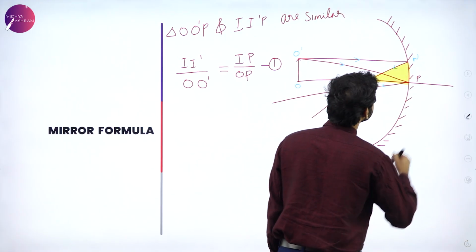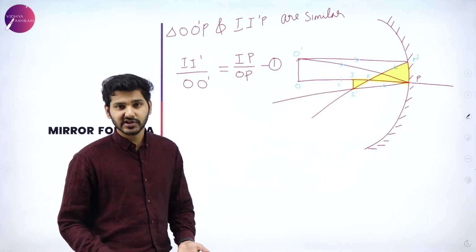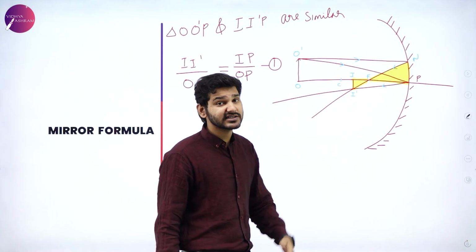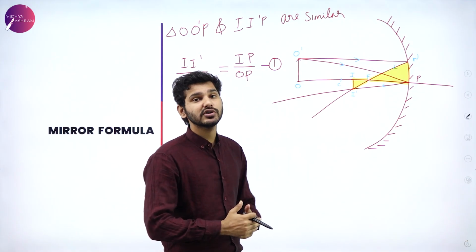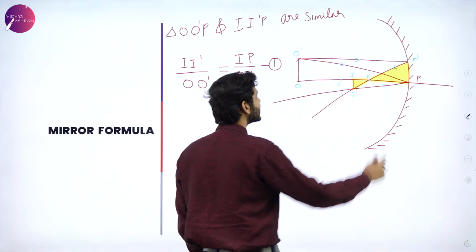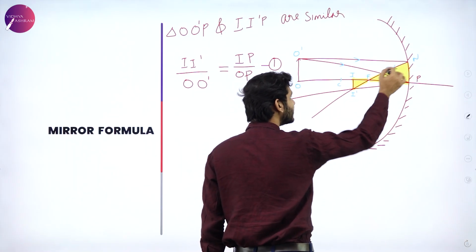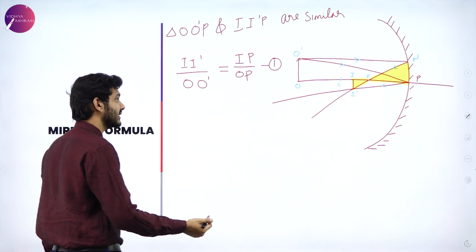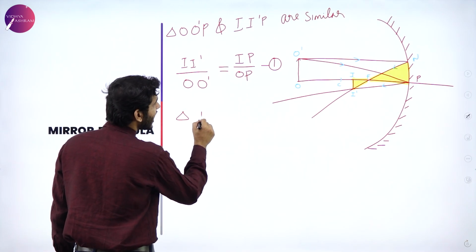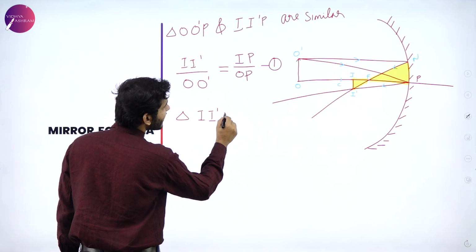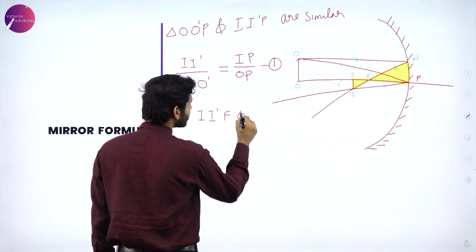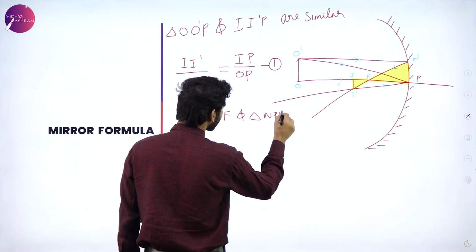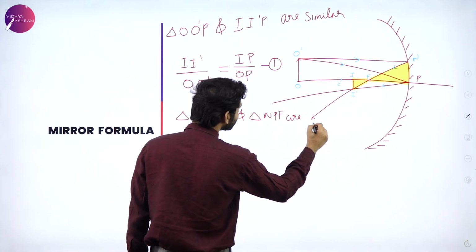Now, don't ask me why NP is a straight line, because we are taking this ray very close to the principal axis, which means the curve is going to appear as a straight line. So I can say NP will be a straight line, hence these two triangles will be similar. So triangle I dash F and triangle NPF are similar triangles.